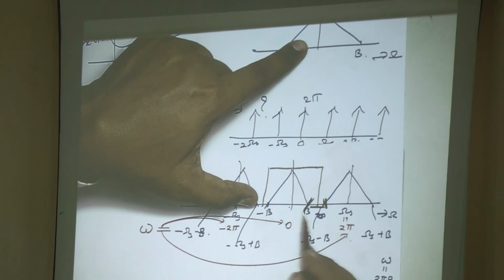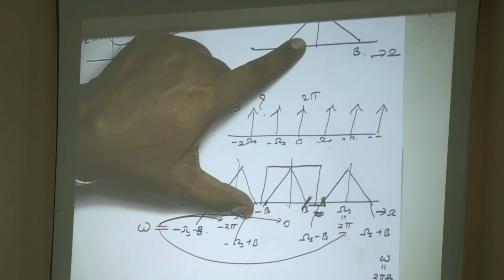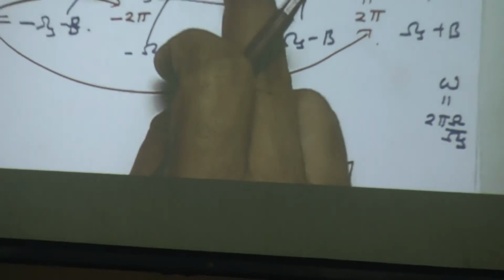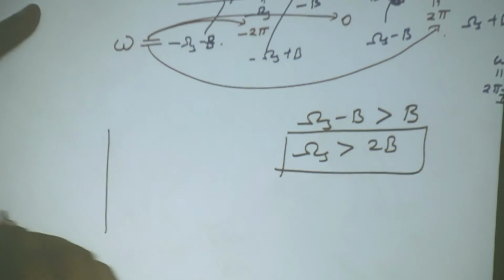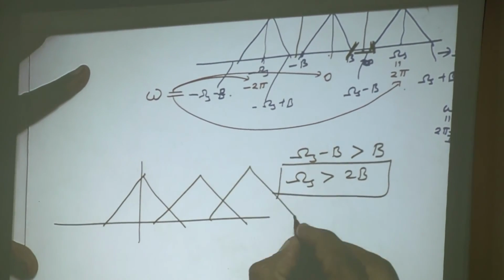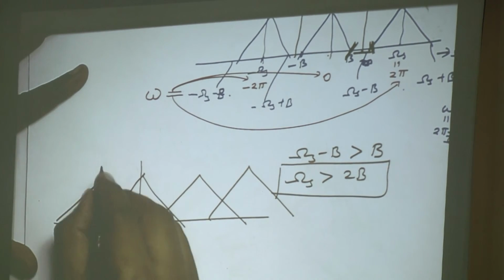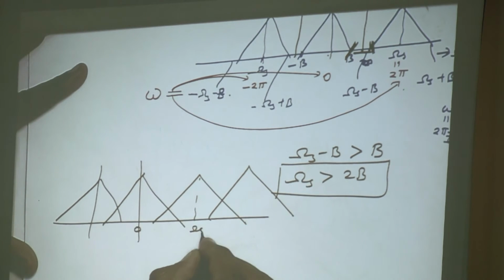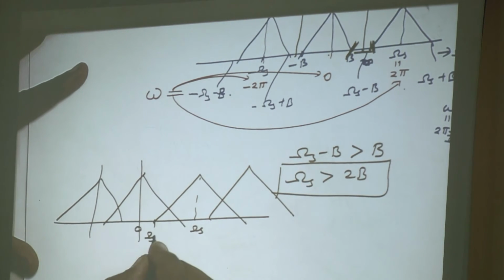If the copies are not separate, that means if omega s is less than twice b, then how will this look? This looks like one copy here, another copy here, third copy here, and so on. This is 0. This value is omega s. This value is omega s minus b.